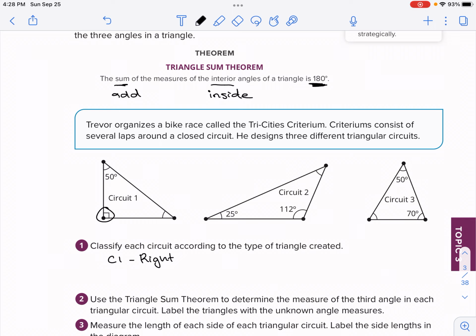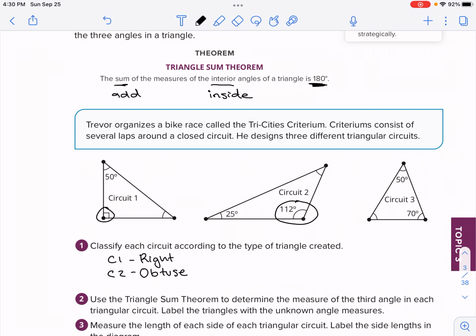Normally if it has a right angle, we just call it a right triangle. For circuit 2, we're going to call this a specific type of triangle because of this angle. This angle is greater than 90 degrees. If it's greater than 90 degrees, we call it an obtuse triangle.